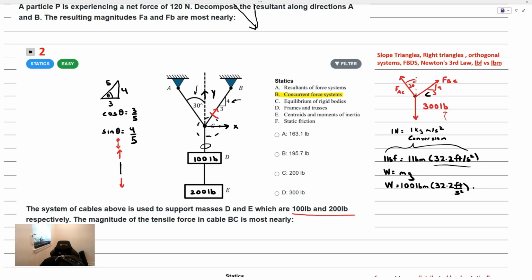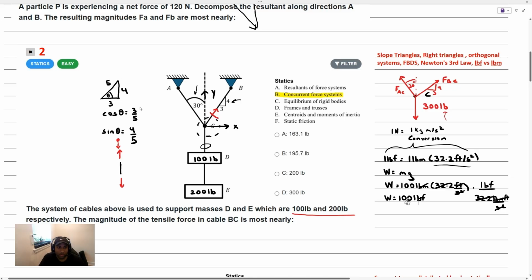If I wanted to convert that into pound force, I know that a pound force, by the conversion factor above, is 32.2 pound mass foot per second squared. The pound mass foot per second squared cancels out. The 32.2's cancel out, so you see gravity cancels out. What we end up with is that 100 pound mass is equal to 100 pound force. So that's why we can go ahead and assume that's mass or weight. It doesn't really make a difference here.